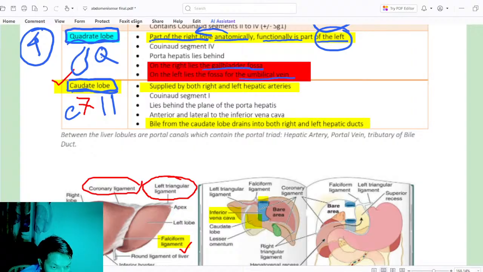The caudate lobe is supplied by both right and left hepatic arteries. I think this is the single segment of the liver that gets supply from both the right and left hepatic arteries.